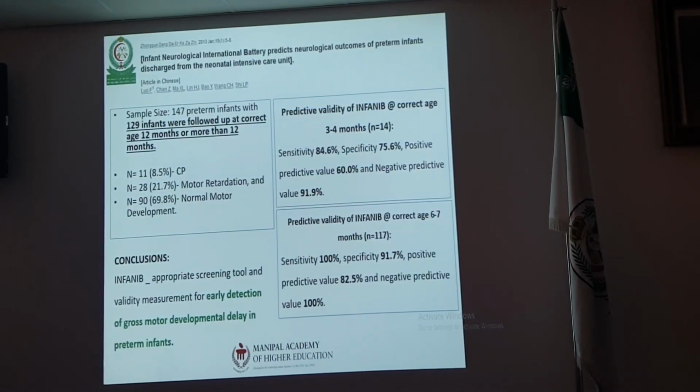This is another study, again done in a Chinese population. They had 129 samples, and what they found is that the Infanib is a screening tool and validity measurement tool for early detection of gross motor delay in preterm infants, and their predictive validity for 3 to 4 months and for 6 to 7 months is presented here.